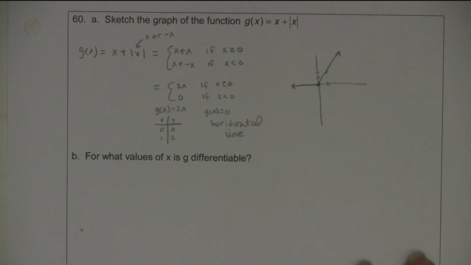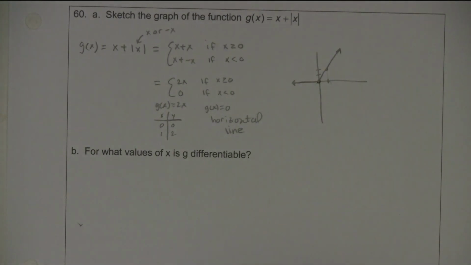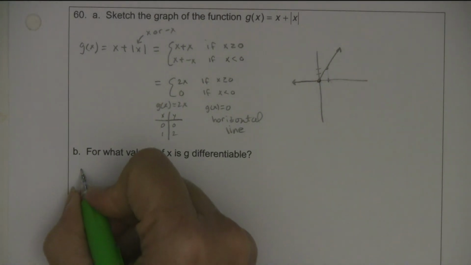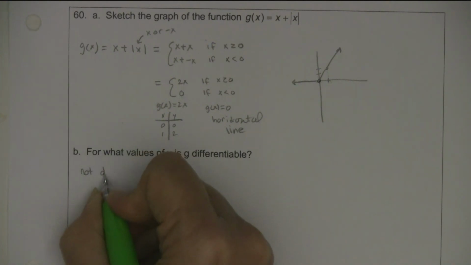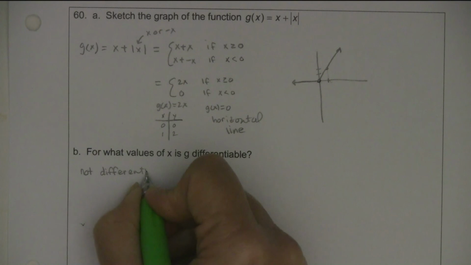So it says, for what values of x is g differentiable? And so we know that it's not differentiable at a corner, but it is differentiable at a horizontal line, and it is differentiable at a slanted line. And so this is not differentiable at x equals 0. Can't find the derivative. That's what that word means.